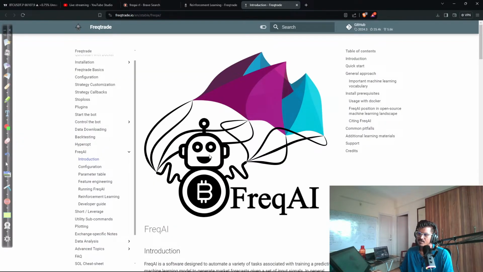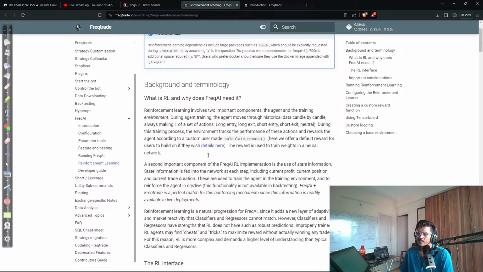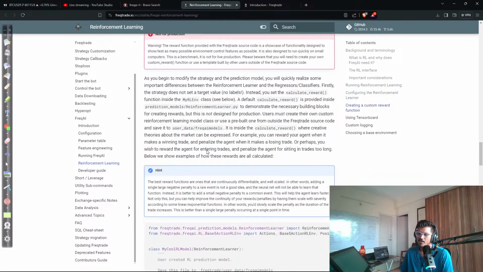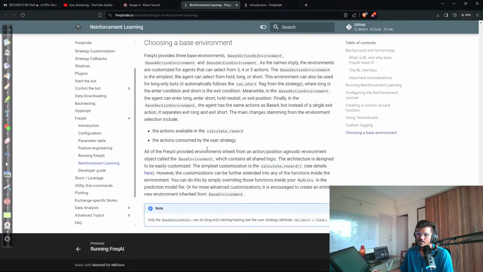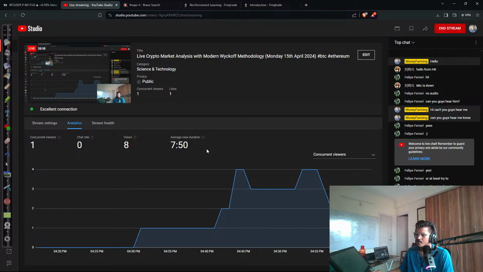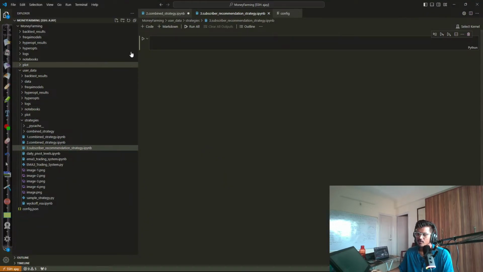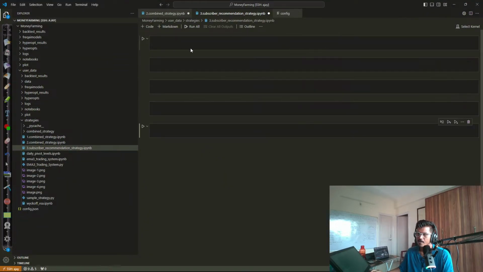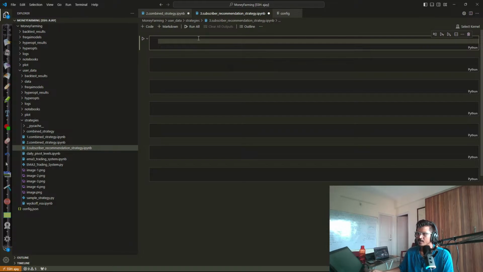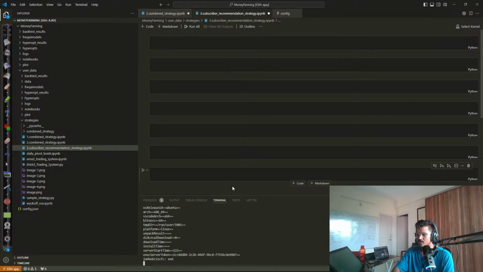Anyway, it's like with reinforcement learning, you can really tweak some parameters. Yeah. So let's get to the code and let's see. Okay, so what we need is let's get the fresh data.